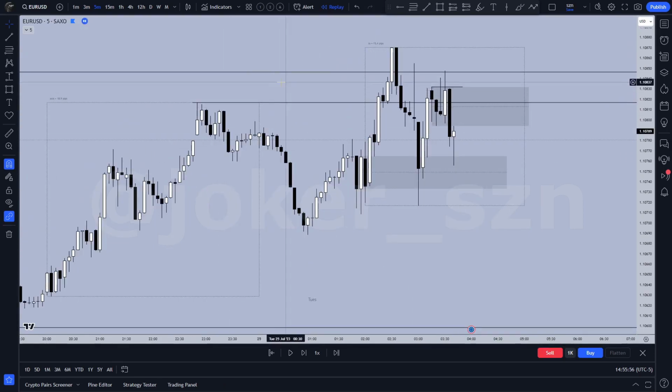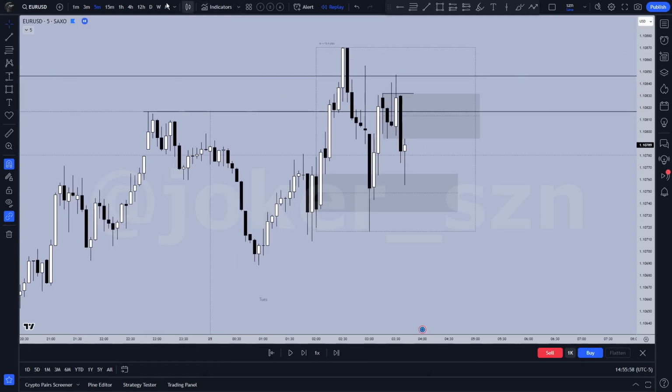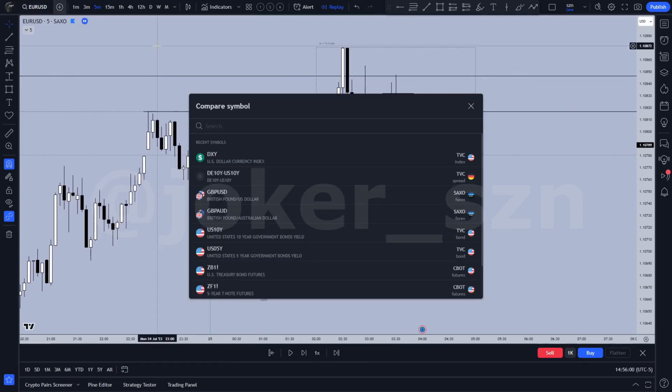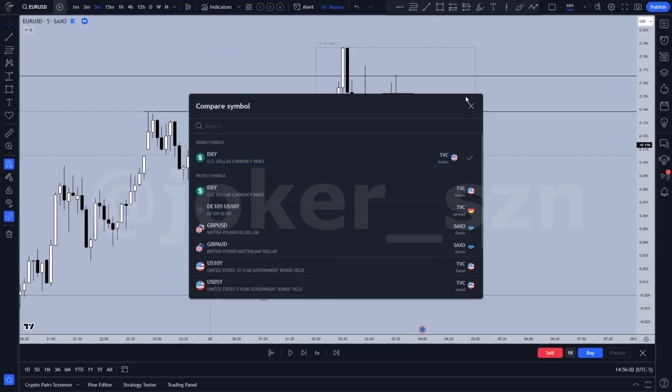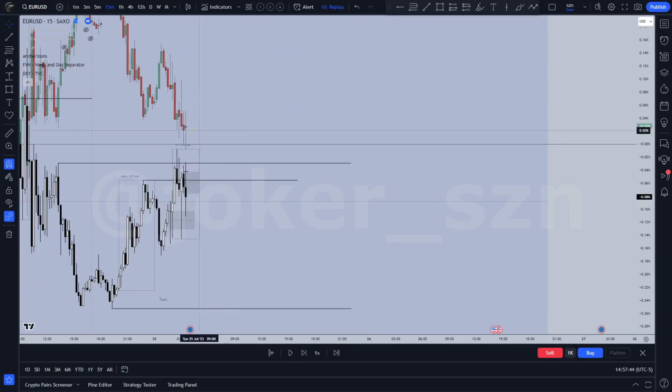And again we take a look at the DXY. So we add a DXY again. As you can see here, we compare again the lows of DXY. It made a lower low here, but on Euro we failed to make a higher high, right?